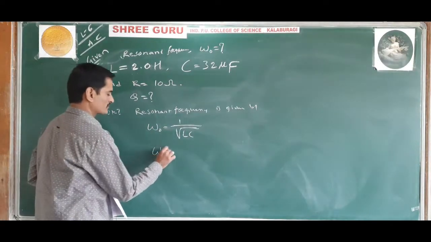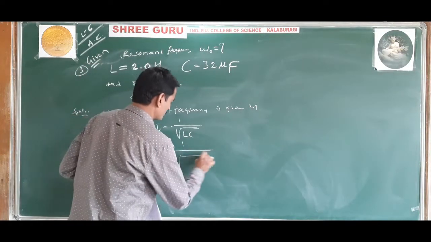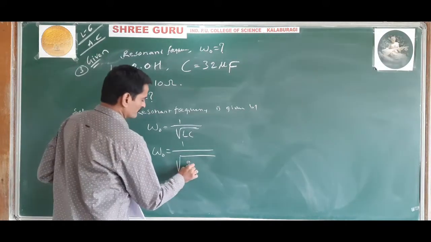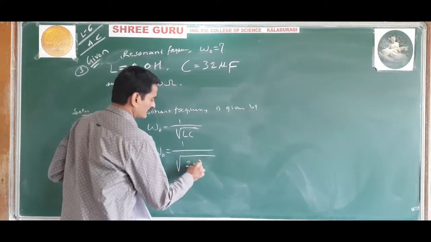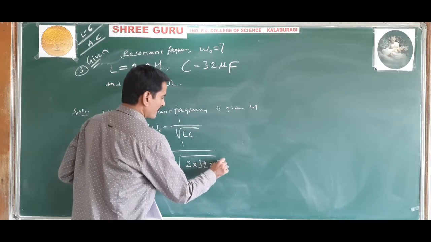So omega naught is equal to 1 divided by under root of L, L is 2 and C is 32 into 10 to the power minus 6.